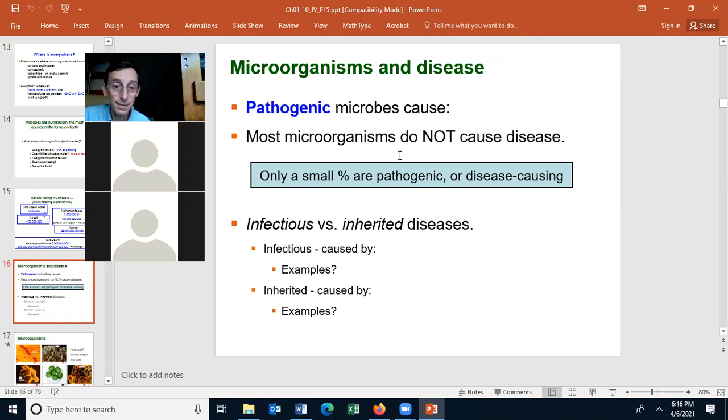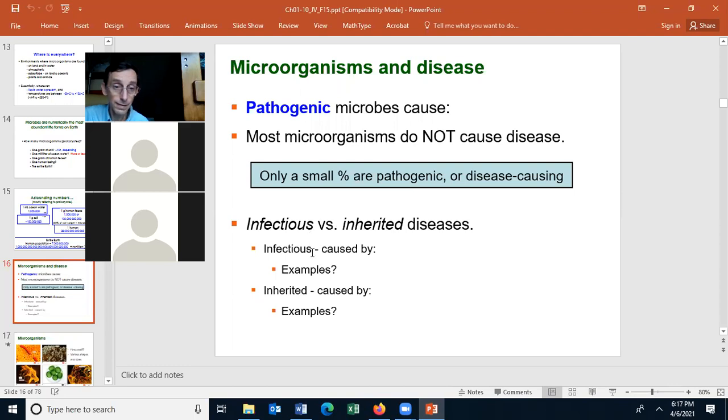When we're talking about disease, it's important to separate diseases into two types. The infectious disease, which spreads from one person to another, and an inherited disease, which the person was born with. Inherited diseases do not spread from one patient to another. Infectious diseases are caused by microbes, and that's why they're infectious.